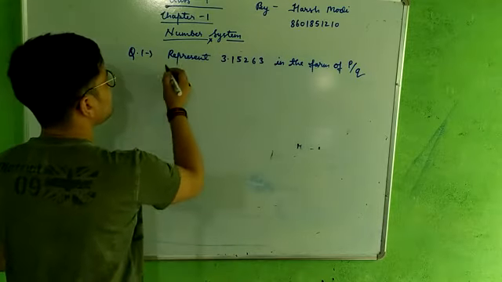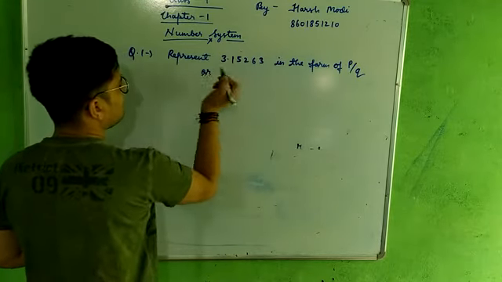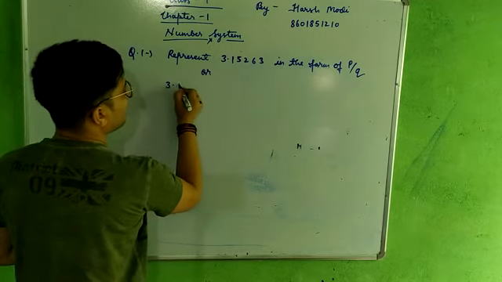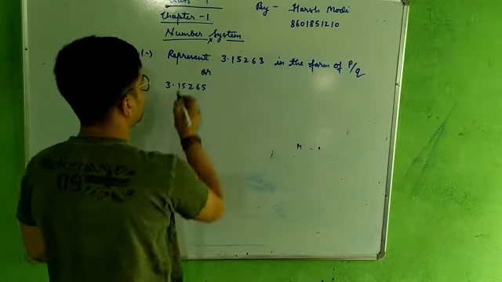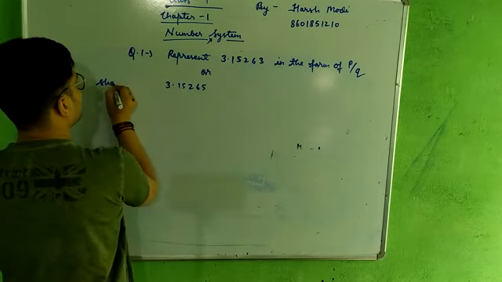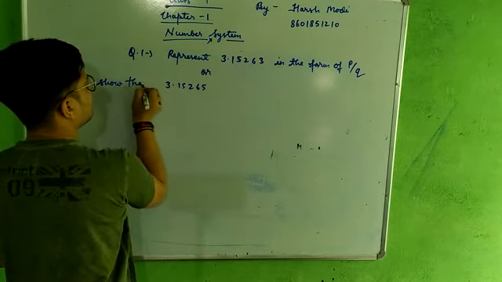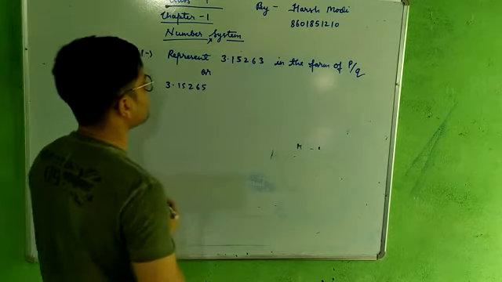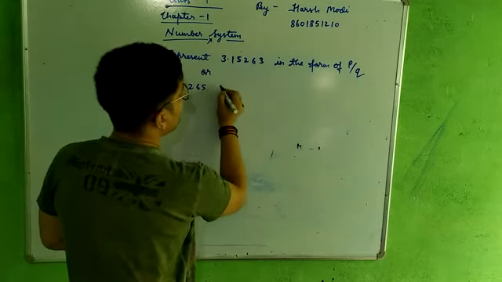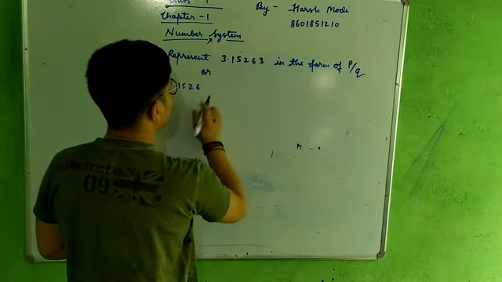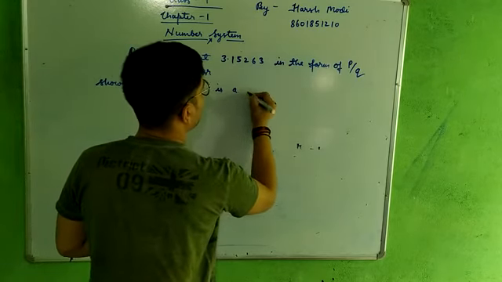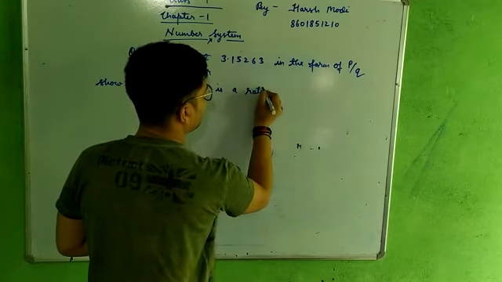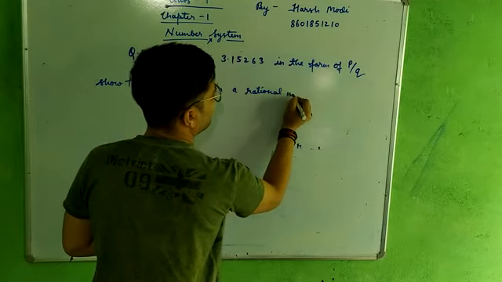Or else we will have the question: show that 3.15265 is a rational number.